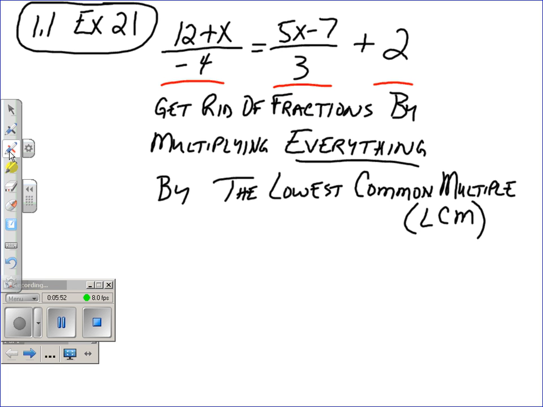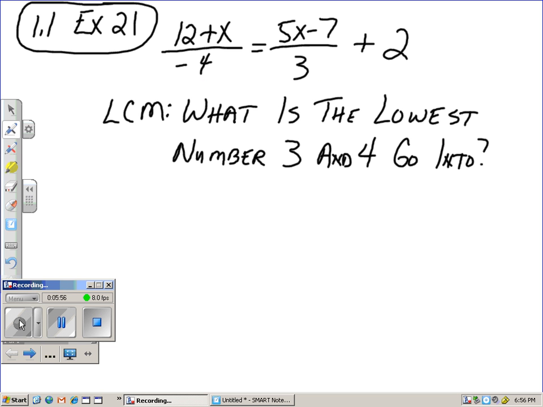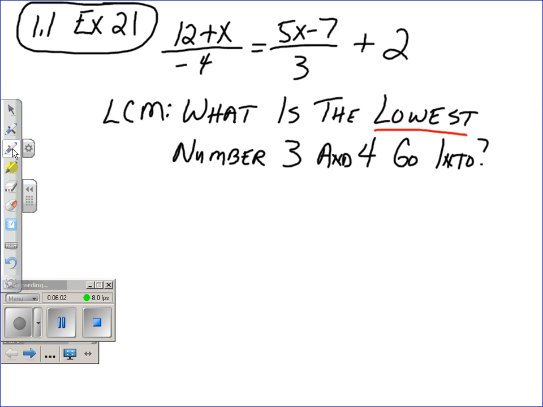Okay, what is the lowest common multiple? When we look for the lowest common multiple, we're asking ourselves, what is the lowest number that 3 and 4 both go into? Here's our 4 and here's our 3. Don't worry about the negative right now. There's lots of numbers that 3 and 4 go into.